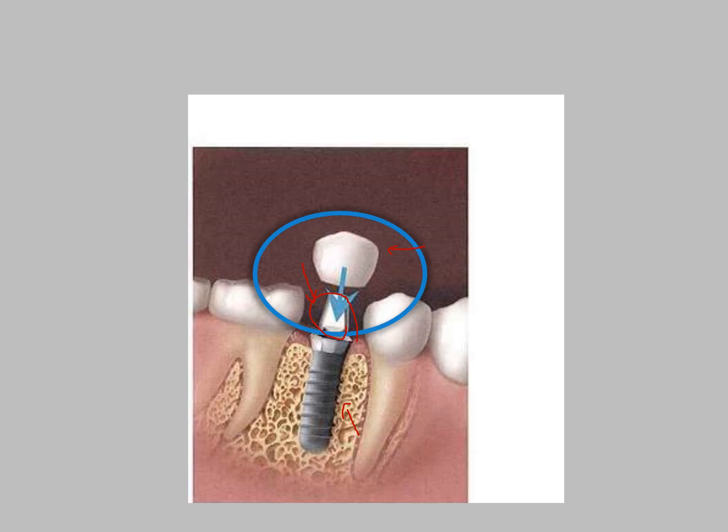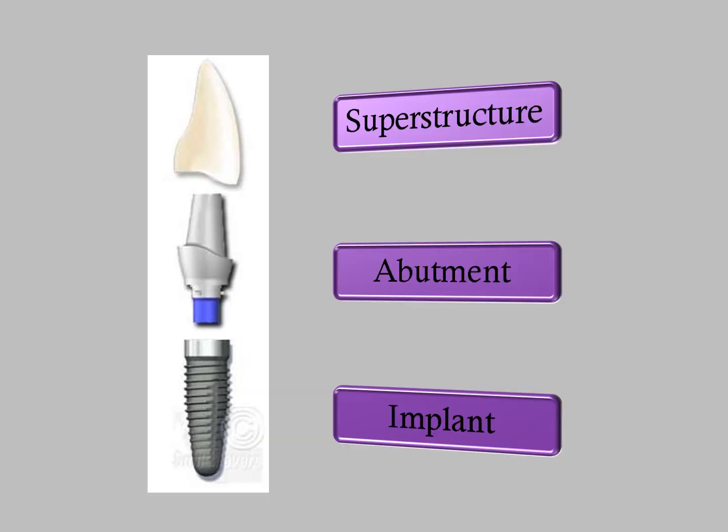So you find there is a root in the bone, and there is an abutment. It's like the reduced abutment tooth, as we said, with a finish line, and this one is underneath the gingiva. Then comes the superstructure or the crown. This is the simple one.